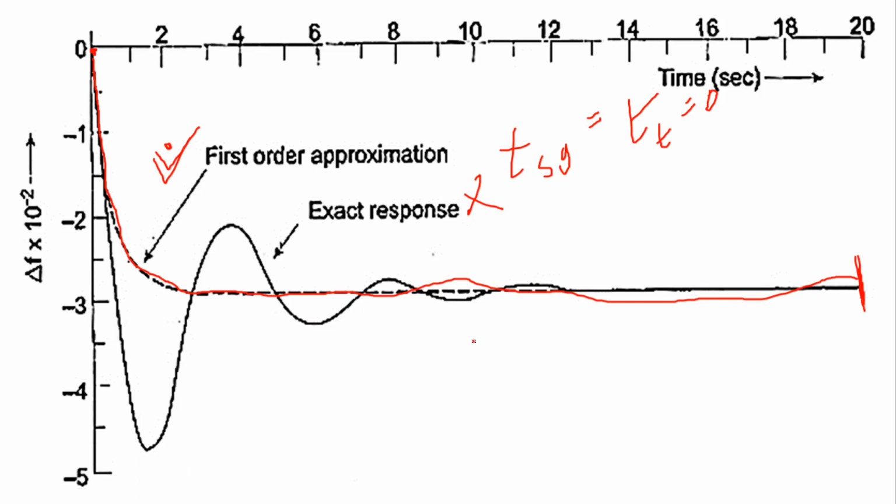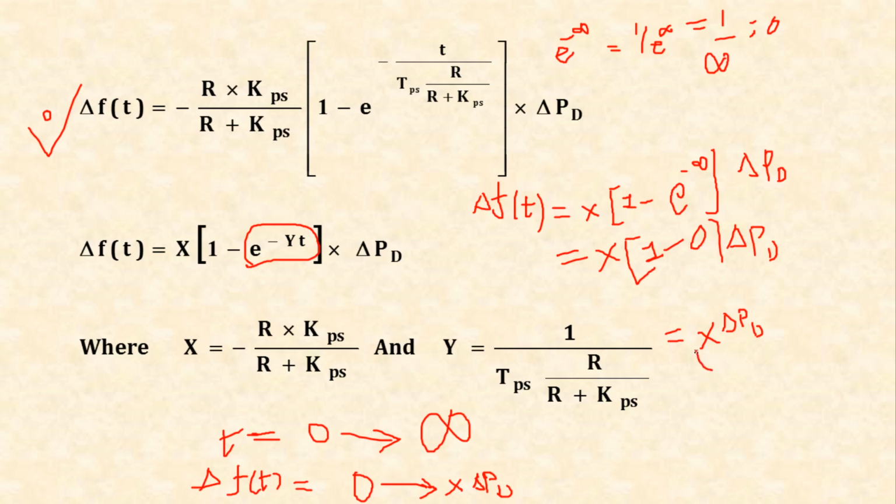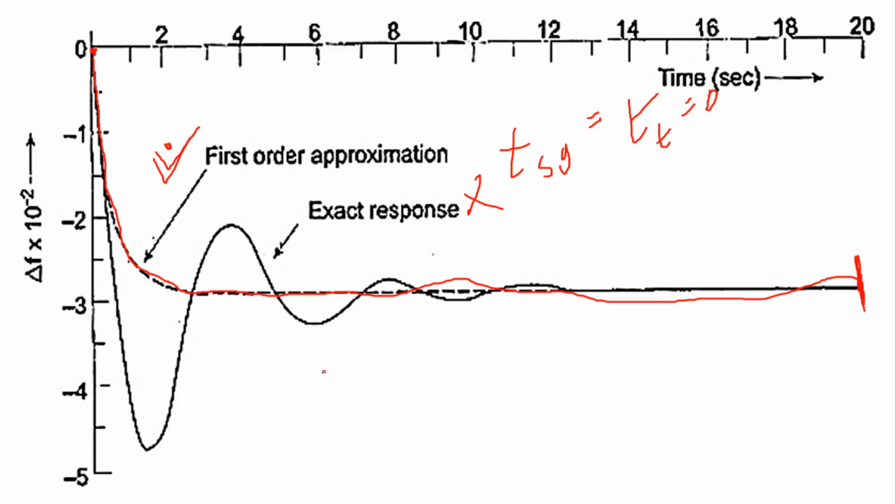Both the first order approximation and the exact response have the same steady state value, which is equal to x into delta Pd, that means minus R into Kps upon R plus Kps into delta Pd. Clear? So this is our dynamic response for load frequency control.